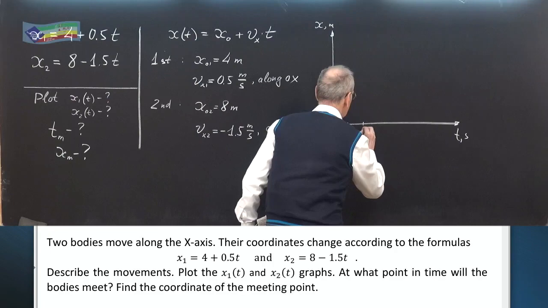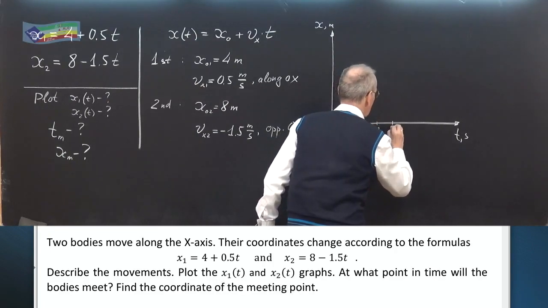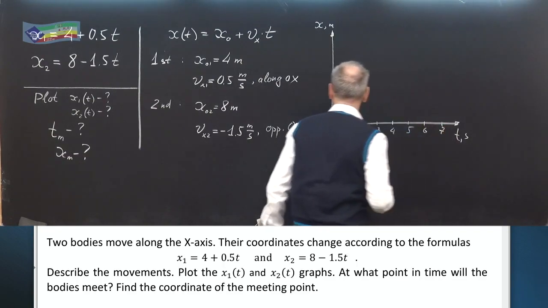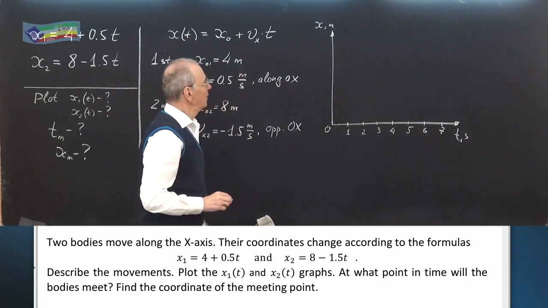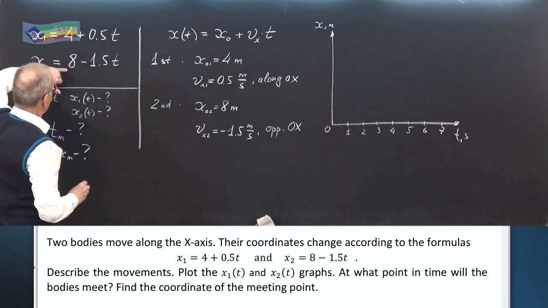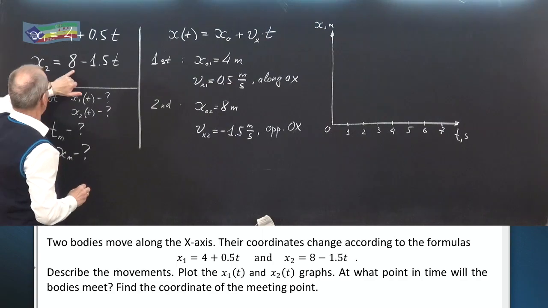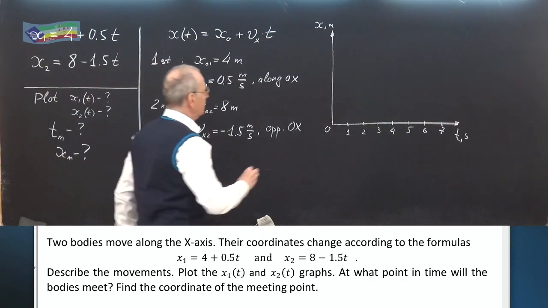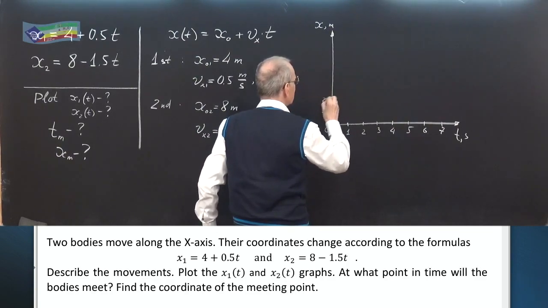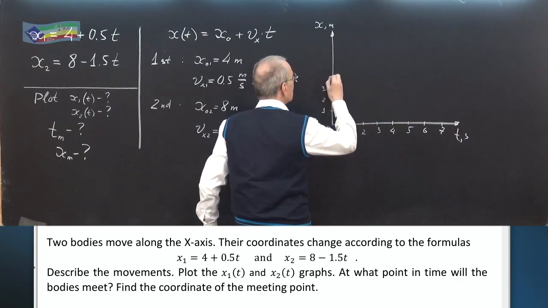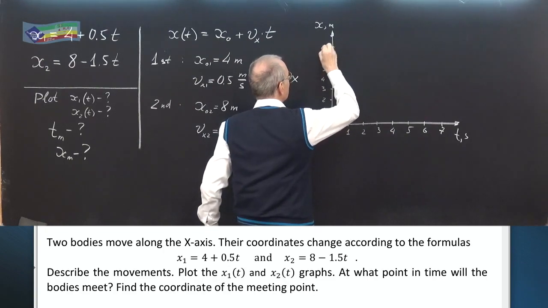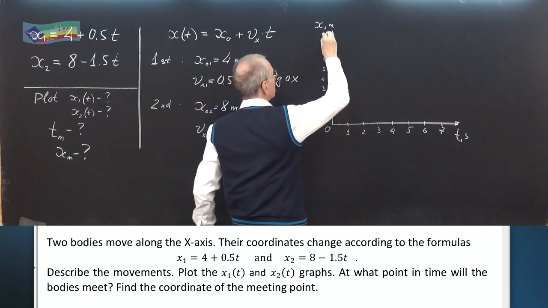One, 2, 3, 4, 5, 6, 7. Now you should choose the scale for the x-axis. Look, the greatest value of x is 8. So let's use this information. 1, 2, 3, 4, 5, 6, 7, and the greatest, 8.